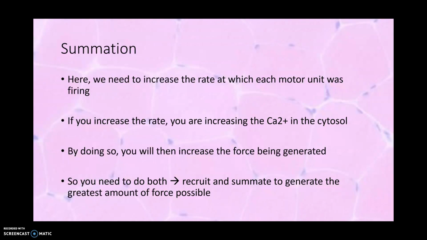Again, if we increase the rate at which the motor unit is firing, we increase the calcium content within the cytosol, which increases the amount of force we can generate. So calcium is a huge player in the amount of force, due to its relation to summation.